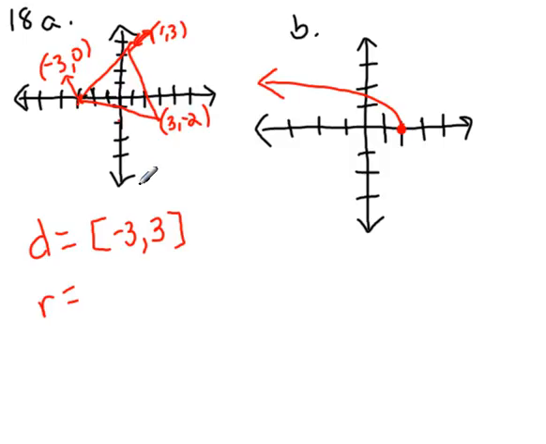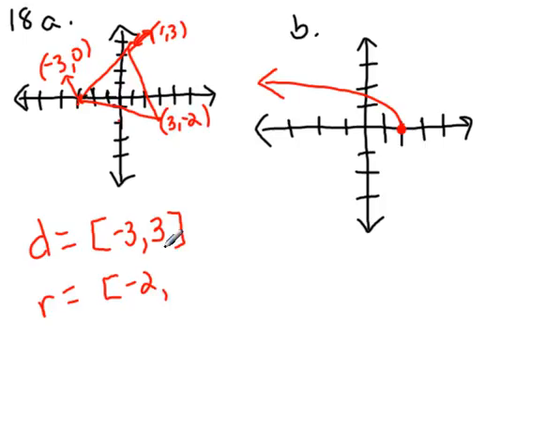Now to find the range of that, I look from the bottom of my graph up, because I always name my domain and my range in order from the least to the greatest. So range is my y values. I start at the bottom up, so there's the beginning point that shows in my graph from the bottom to the top, and that y value is -2, and it is included.